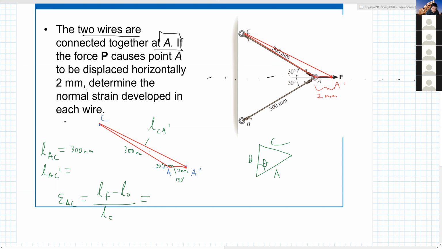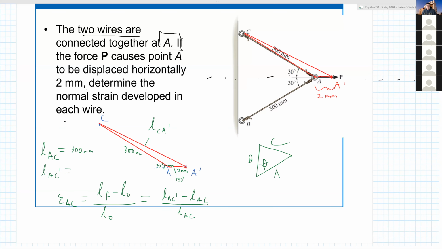LAC prime minus the original length over the original length. Okay, so again, here comes geometry. I can use law of cosines, but there's gonna be a faster way.